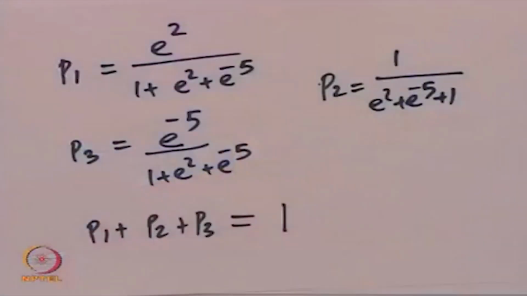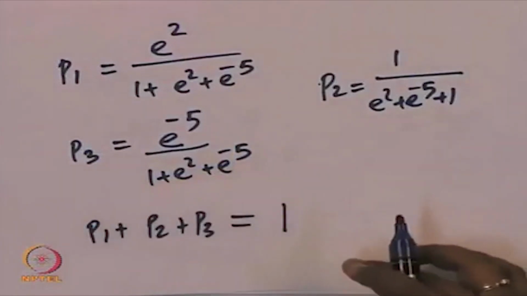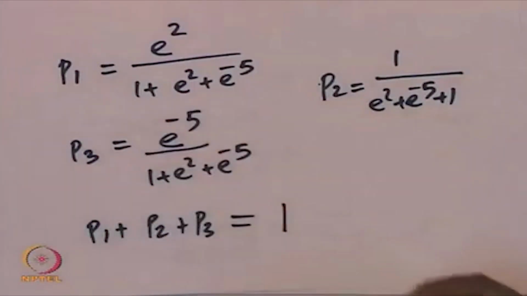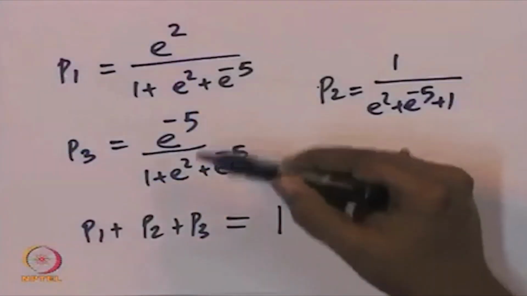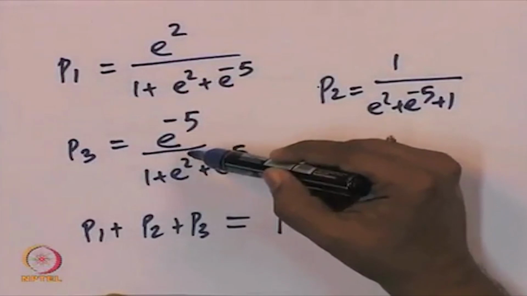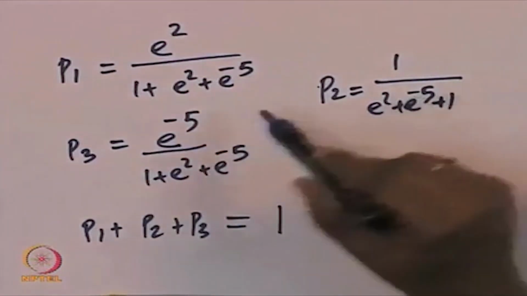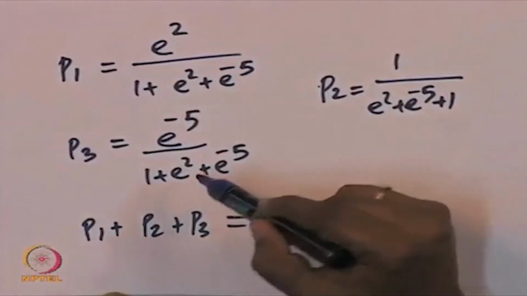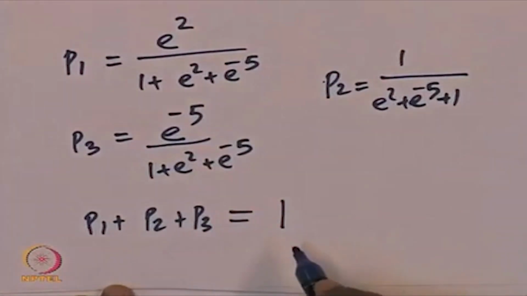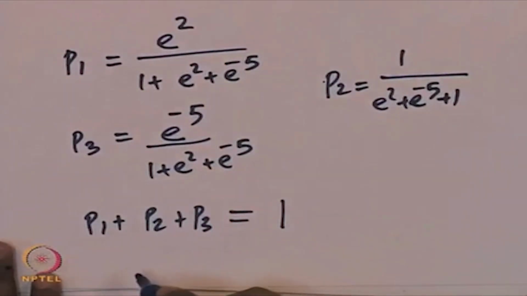So, now you know how to calculate Pi, and once you know Pi, you might remember the formula of entropy, which is Pi log Pi. So, if you want to calculate the entropy of this system, look at this here. We know P1, P2 and P3, and calculating entropy is easy.